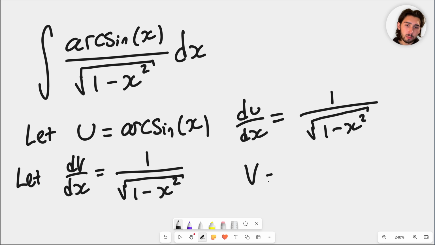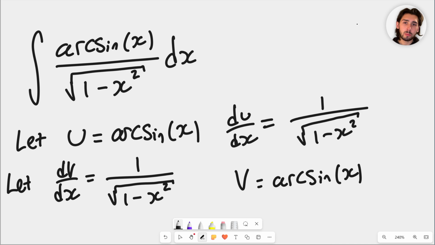And v, by integrating 1 over the square root of 1 minus x squared, will actually give us arc sine x. Okay, and then using the formula for integration by parts, this is going to be equal to uv minus the integral of v times du dx.